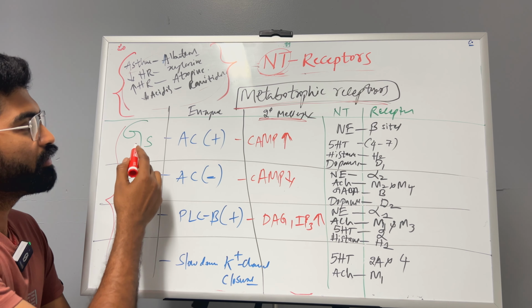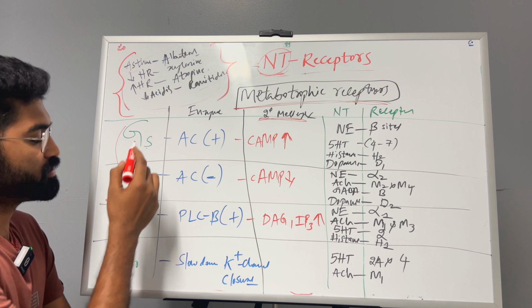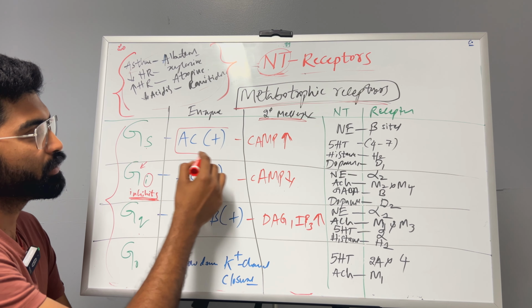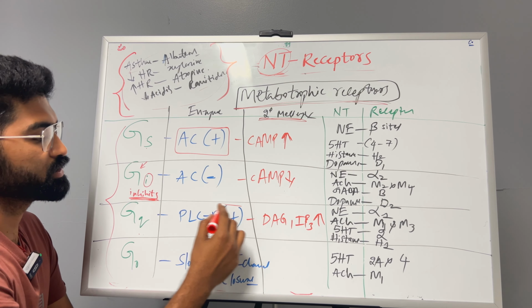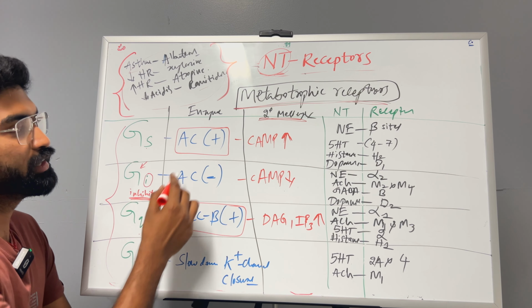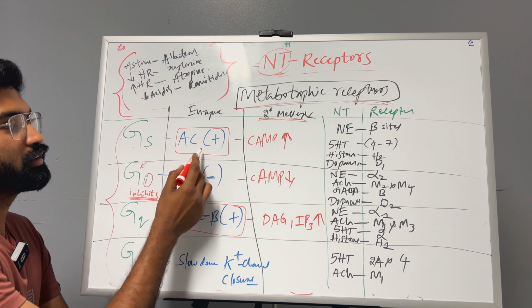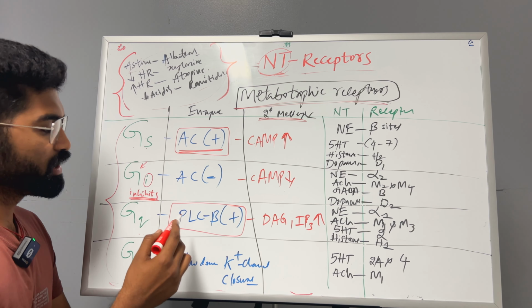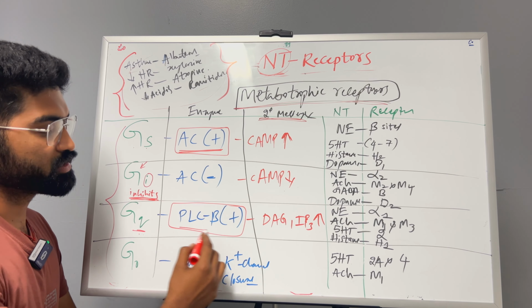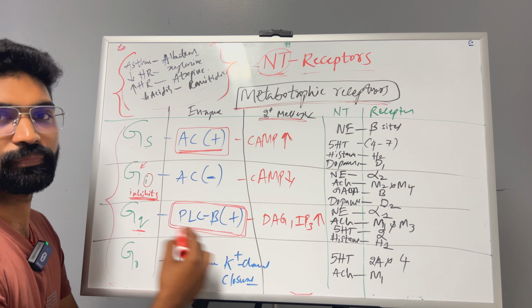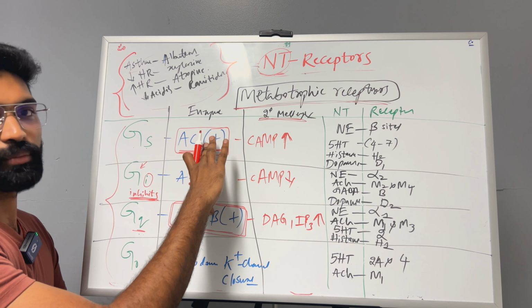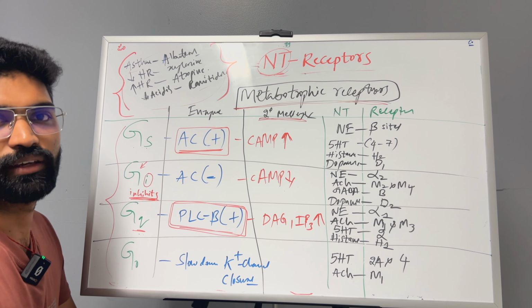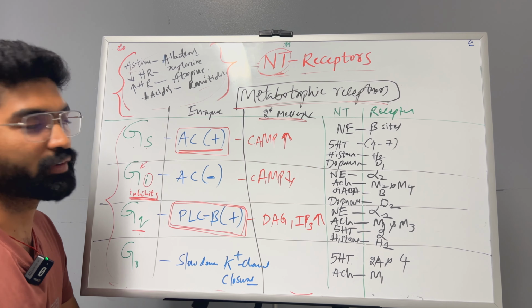Whereas the GS and GQ have one common point: they stimulate certain enzymes. The GS receptor stimulates adenylate cyclase, and the GQ receptors stimulate phospholipase beta. If these two enzymes are activated, we will see an excitatory action, I mean a positive effect.